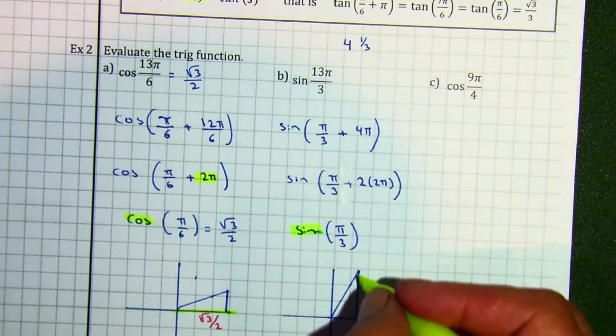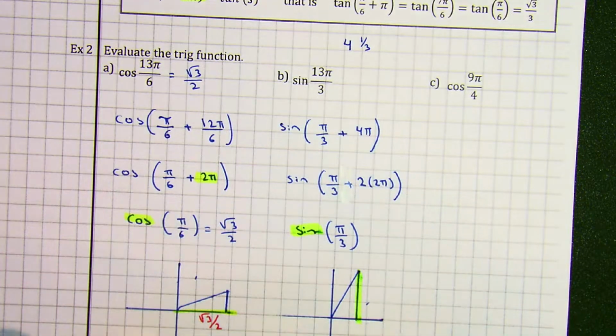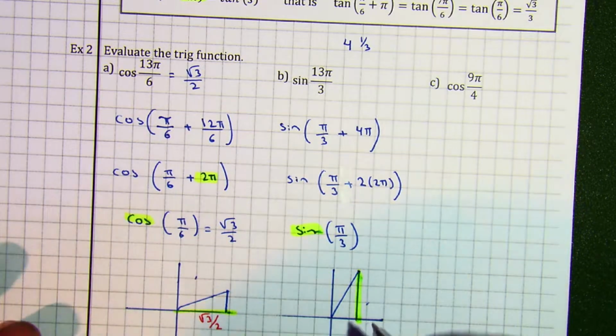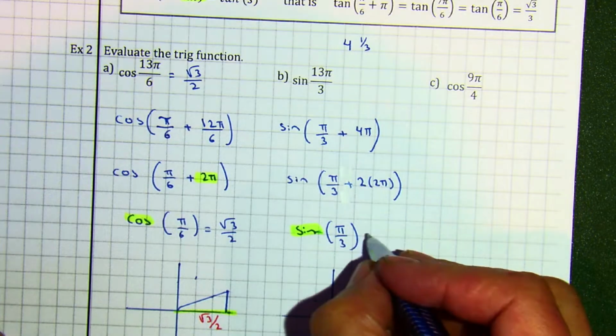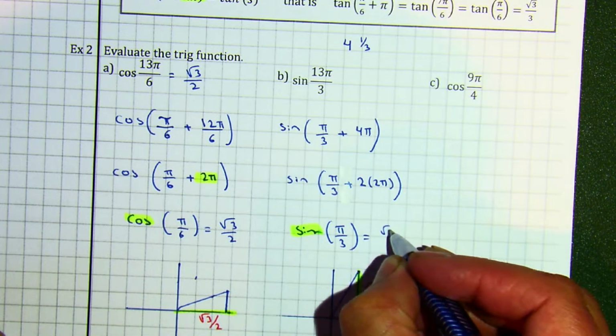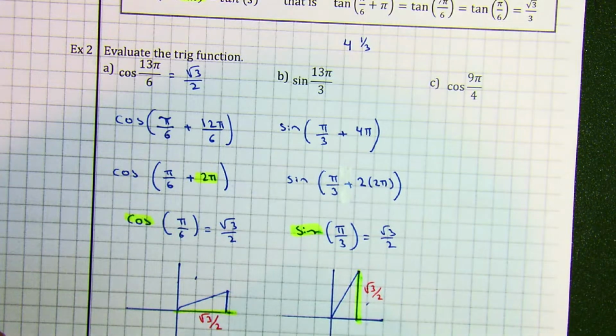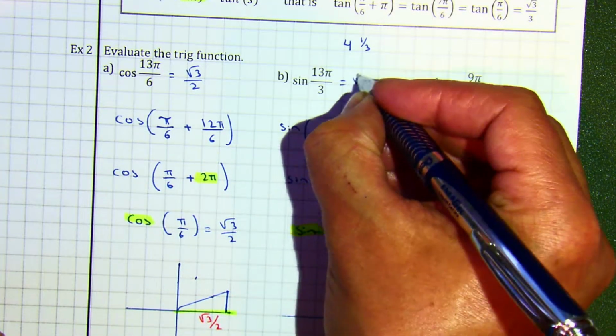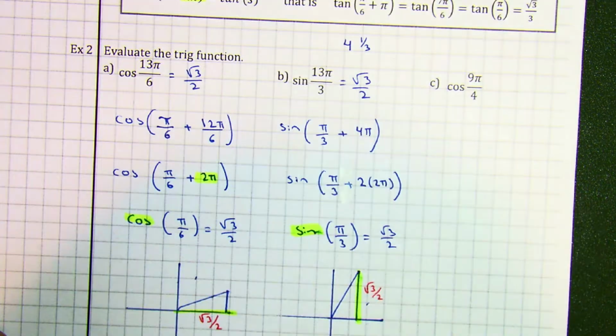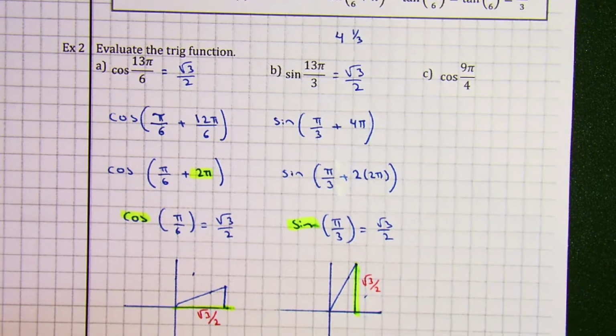My sine is the y value. And is that the shorter side or the longer side? That is the longer side, which is the square root of 3 over 2. So therefore, the sine of pi over 3 is equal to the square root of 3 over 2. And that sine of 13 pi over 3 will be exactly the same, the square root of 3 over 2.